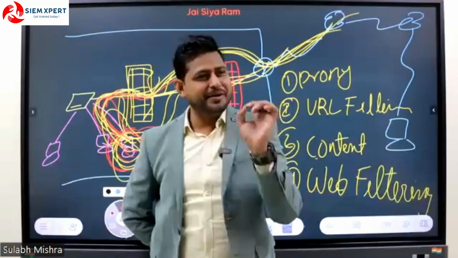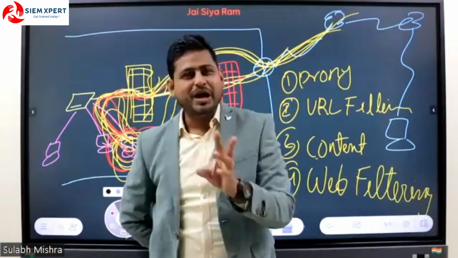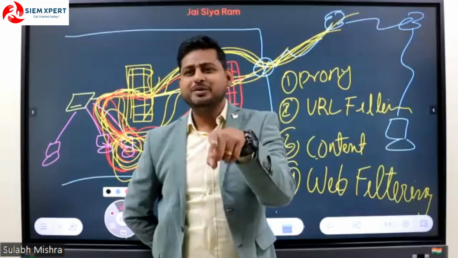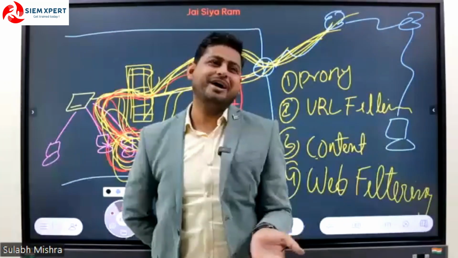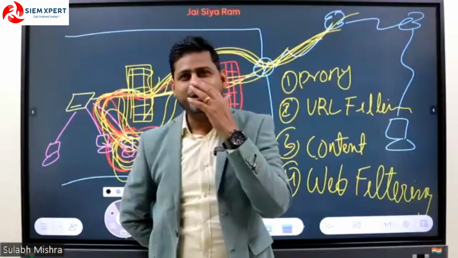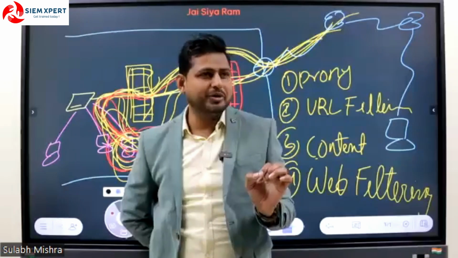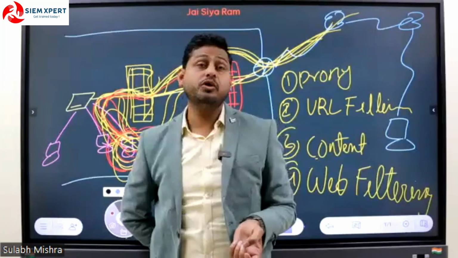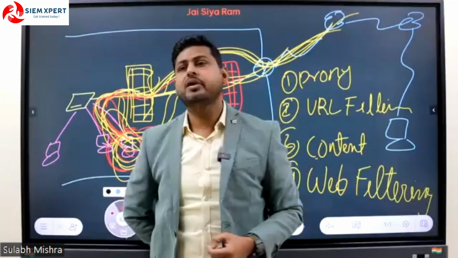Blue Coat was the company name and it became Symantec Blue Coat proxy, and now it's a Broadcom Blue Coat proxy, but it is still famous as Blue Coat because the name was very popular from the proxy perspective.